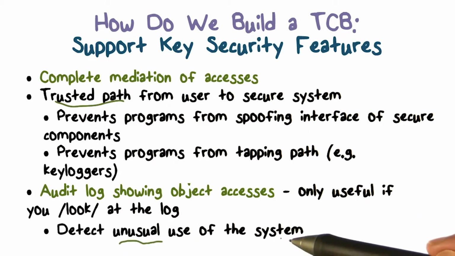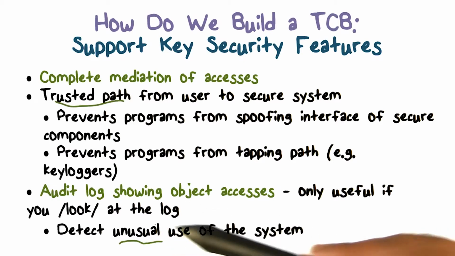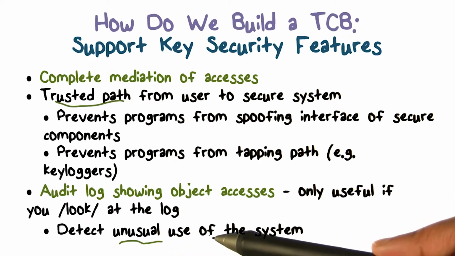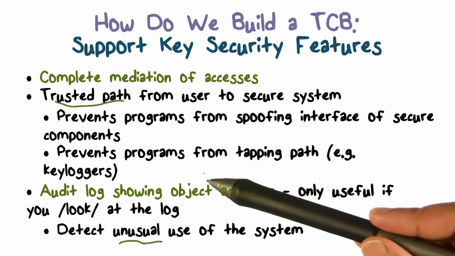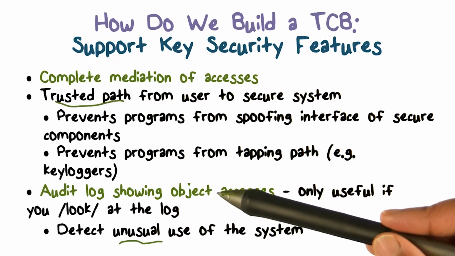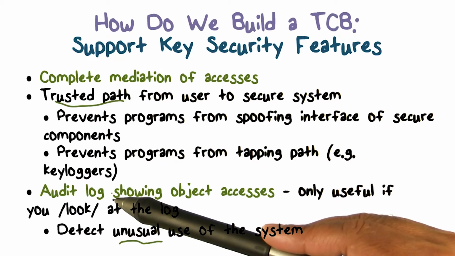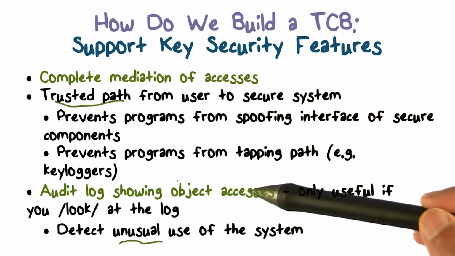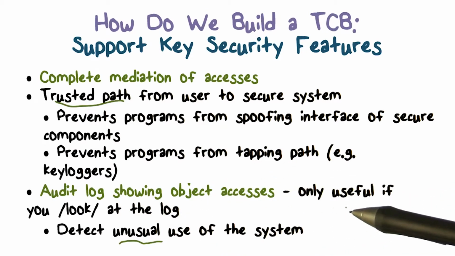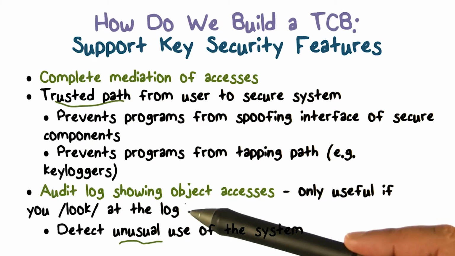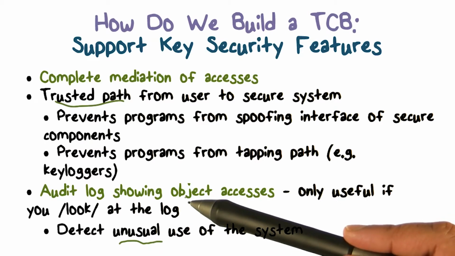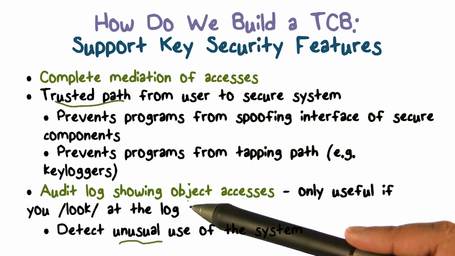Typically, detection is that for some definition of unusual, you see some unusual activity in the system that potentially means an attacker has gained access to it. And that unusual use can be found through the analysis that you do. The detection is possible when you have a record or log of what the system did. Keep in mind that this will only be useful if we actually look at the log and you're able to correctly assess when there is an abuse.